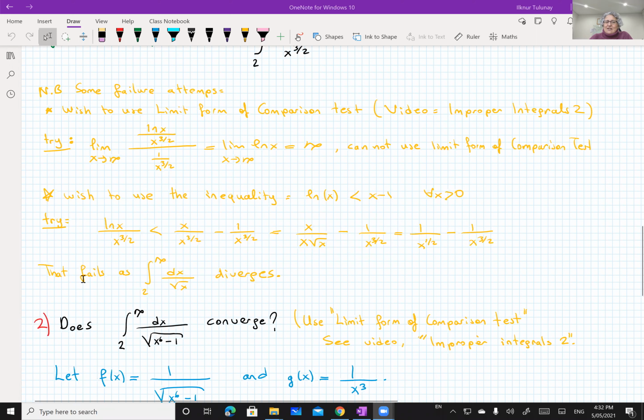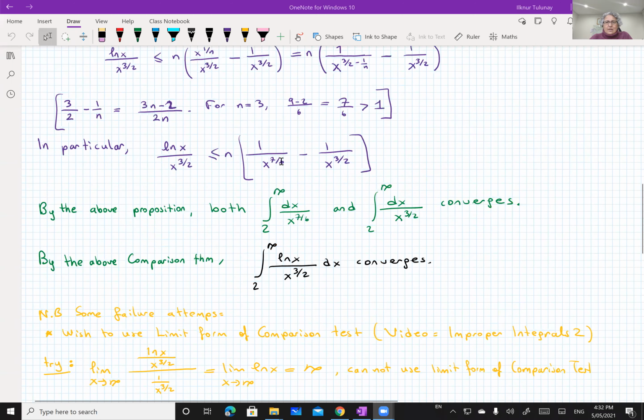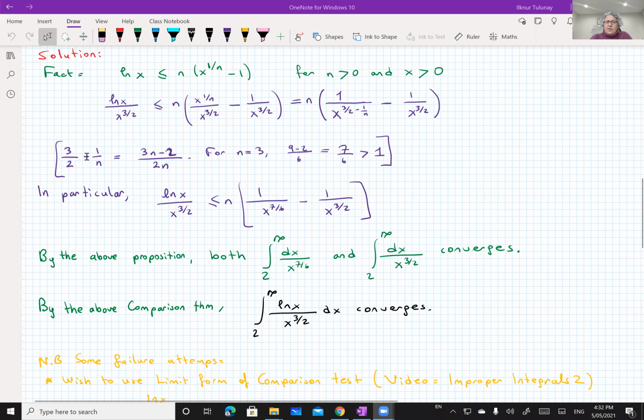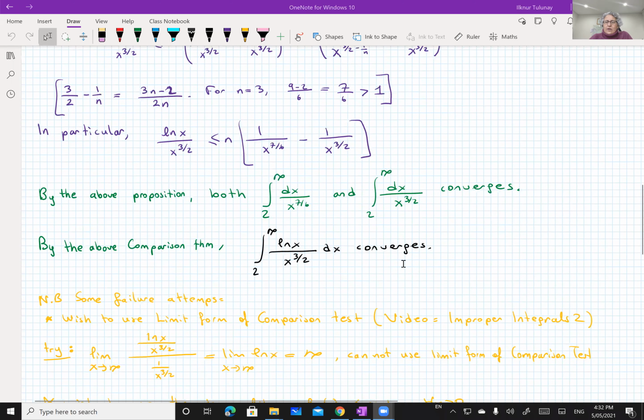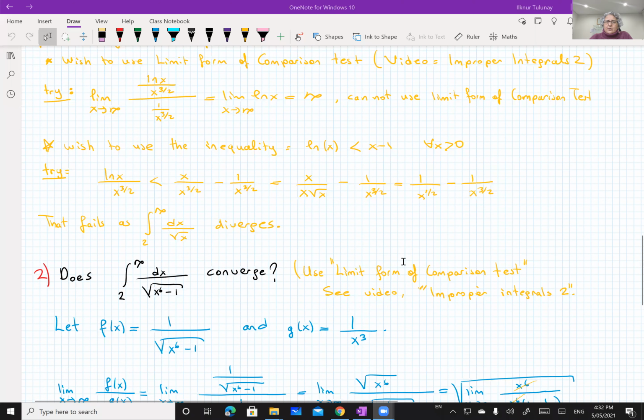So the whole integral fails as this diverges. So it is not a straightforward question, but if you use this inequality, it will give you the correct answer. Let's do another example.